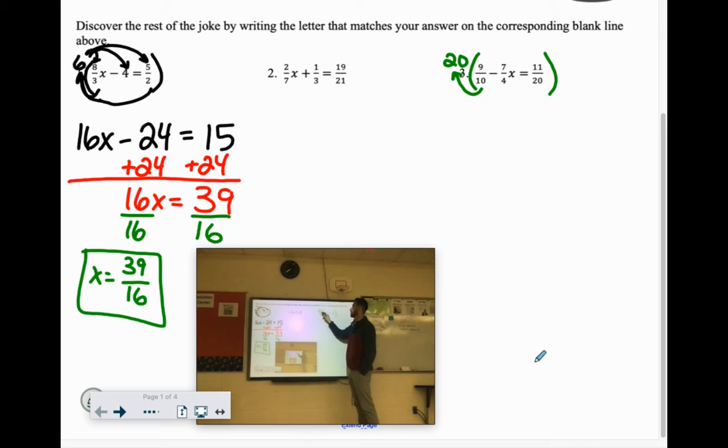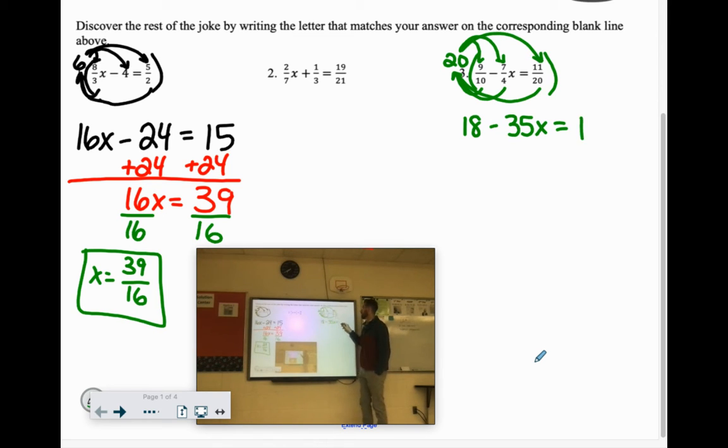10 goes into 20 twice, and 2 times 9 would be 18. Minus 4 goes into 20 5 times, and 5 times 7 is 35. So 35x equals. 20 goes into 20 1 time, and 1 times 11 is 11. Subtract that 18.